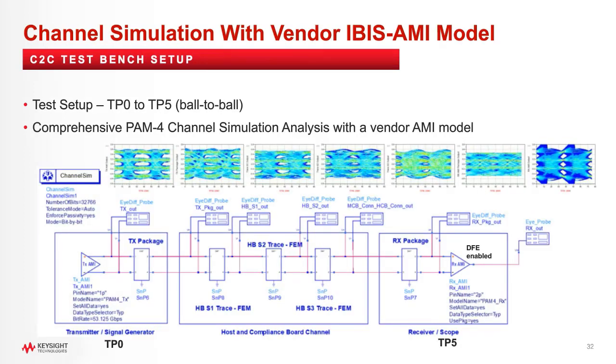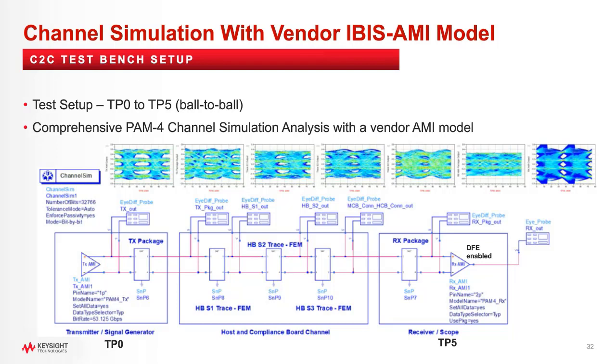Let's use an example below to illustrate the process. The board used here is a reference board from IBIS-AMI, which is a subdivision from Keysight, and all channels here are full wave EM modeled. The transmitter and receivers are also modeled with IBIS-AMI.